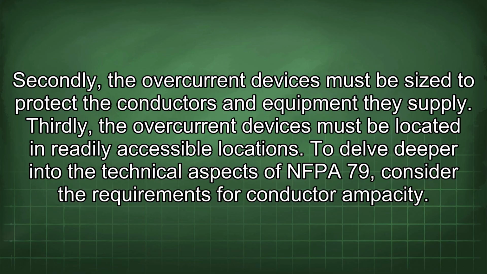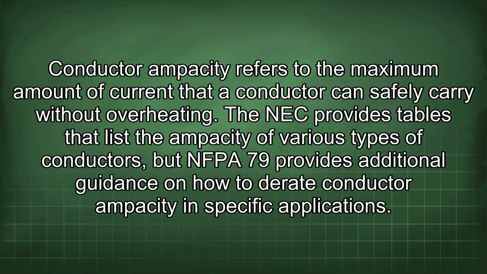To delve deeper into the technical aspects of NFPA 79, consider the requirements for conductor ampacity. Conductor ampacity refers to the maximum amount of current that a conductor can safely carry without overheating. The NEC provides tables that list the ampacity of various types of conductors, but NFPA 79 provides additional guidance on how to derate conductor ampacity in specific applications.